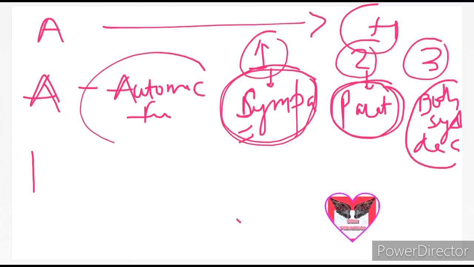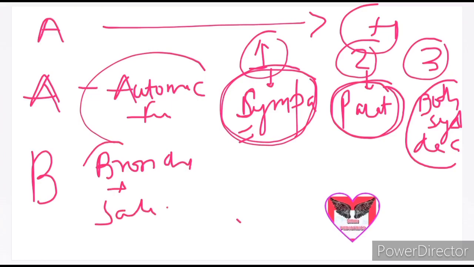Now we have B for bronchial and salivary secretion. As we know, parasympathetic is mostly responsible for secretion. So in stage 1, since there is sympathetic stimulation, we have very little or sparse secretion.